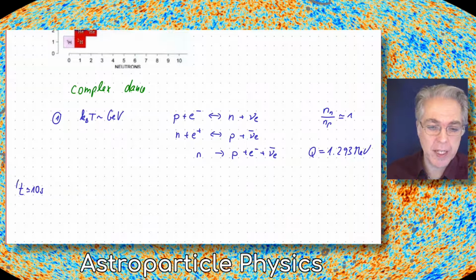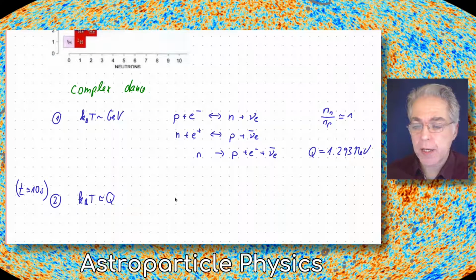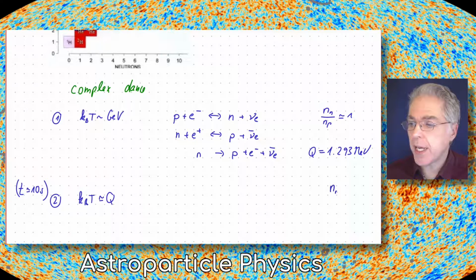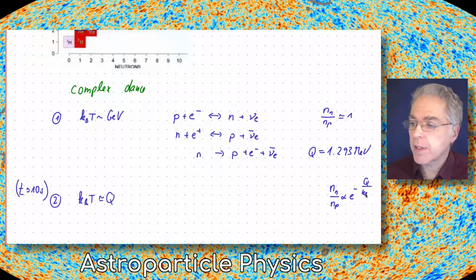So then basically the temperature will drop to a value of about the binding energy of the neutron decay. And at that time you will have the fraction of neutrons to protons fixed. So Nn over Np will be given roughly by a Boltzmann suppression, so this will go with e to the minus Q over kBT. That's about e to the minus 1.